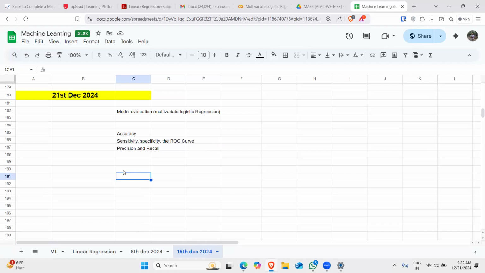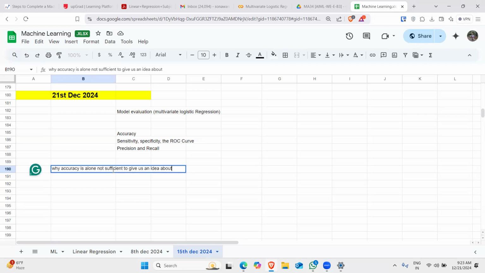And we will see why accuracy alone is not sufficient to give us an idea about the performance of your classification model.